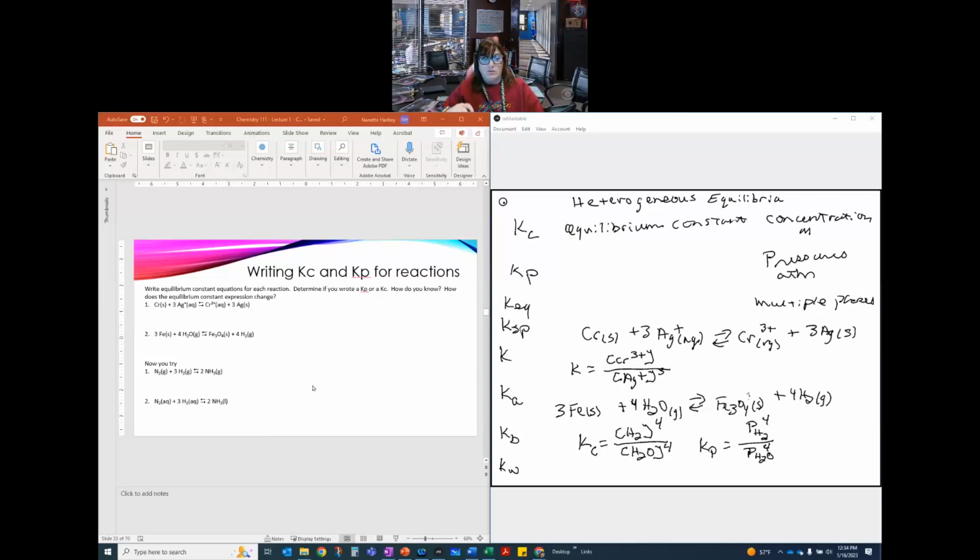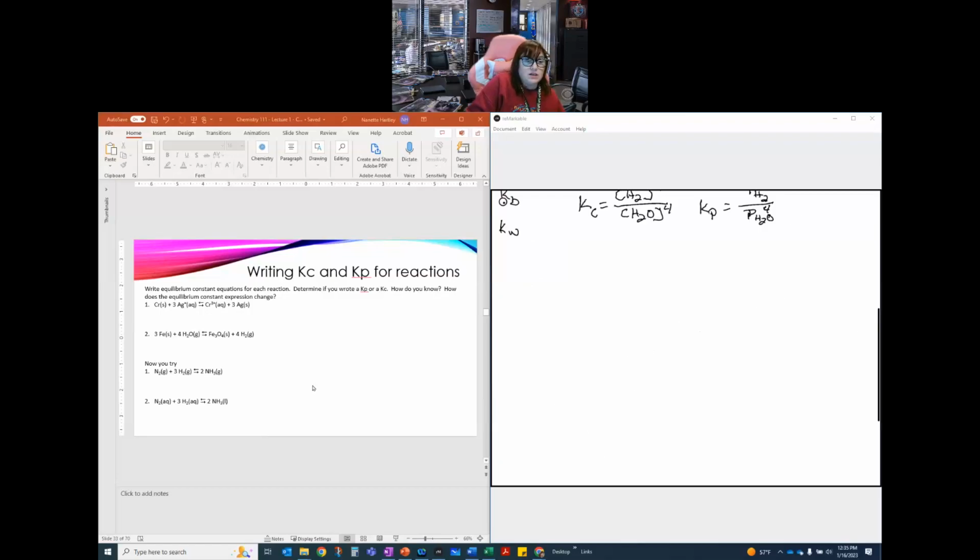So they're related to each other. And that is related to PV equals nRT. And I'll walk you through how we calculate from one to the other in a couple of minutes. Right now, all you need to know is that we're using the pressure rather than the concentration. And so now I have a Kc and a Kp for that expression. They will not be the same value unless we have the same number of gas molecules on both sides, which we do here. But we'll talk about that, okay? So that's that part of it.